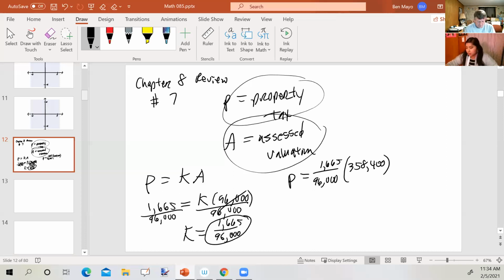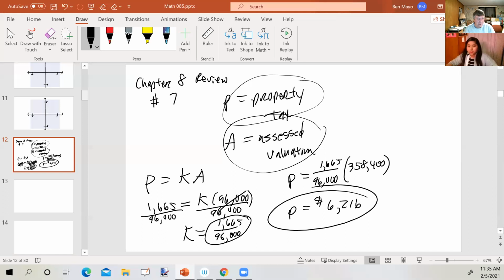So 1,665 times 358,400 divided by 96,000, and it comes out to 6,216. So that would be the dollar amount for the property tax. Any questions on that one before we go on to a couple others? No. All righty.